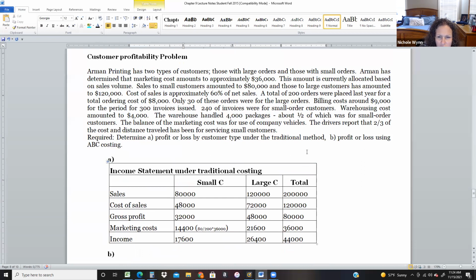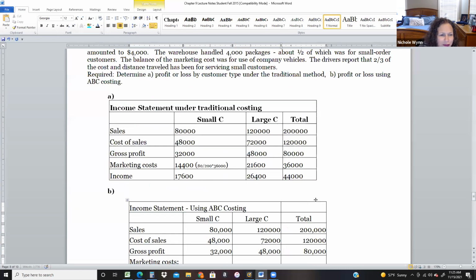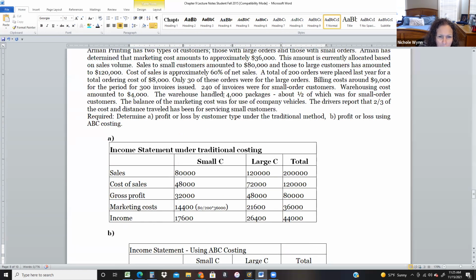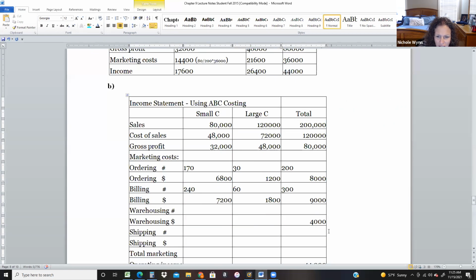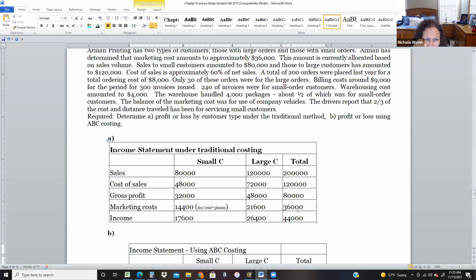Warehousing numbers. Warehousing costs are 4,000. The warehouse handles 4,000 packages, half for small. Let's read it again. I want to make sure I'm not messing up. The warehouse handled 4,000 packages, about half of which were for small order customers.